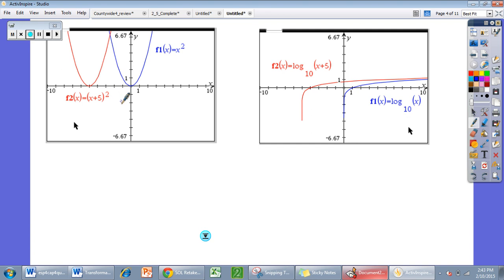It's important that you notice how that's written, and we're going to talk about that a little bit more in a second. Here's another example of a different parent graph shifted to the left 5. Here's the original parent graph, the log of x. You notice that it crosses right here at 1, 0, shifted to the left 5, 1, 2, 3, 4, 5, and it crosses at negative 4, 0.